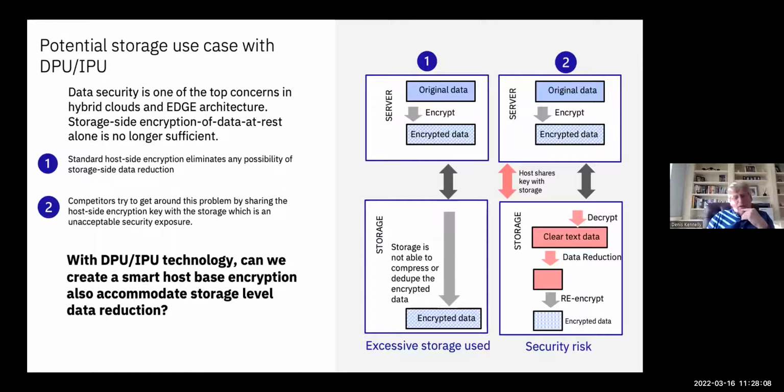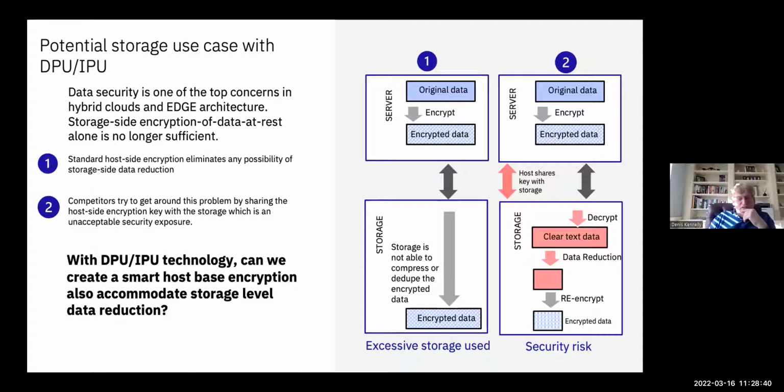And we're looking really hard at host-based encryption, which is obviously out there today, right? But looking at DPU technology and how we can guarantee in the data center that you can keep your own key while you get that host-based encryption. The other challenge is that with a lot of storage technology, the compression rates start to fall if the data is encrypted.